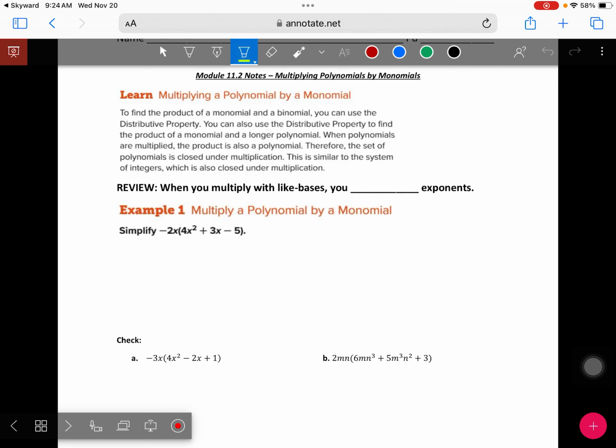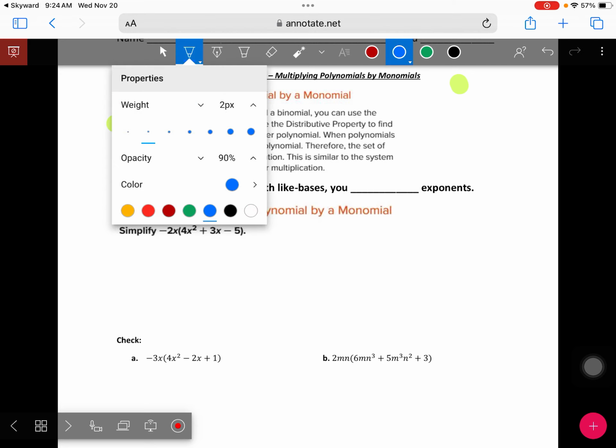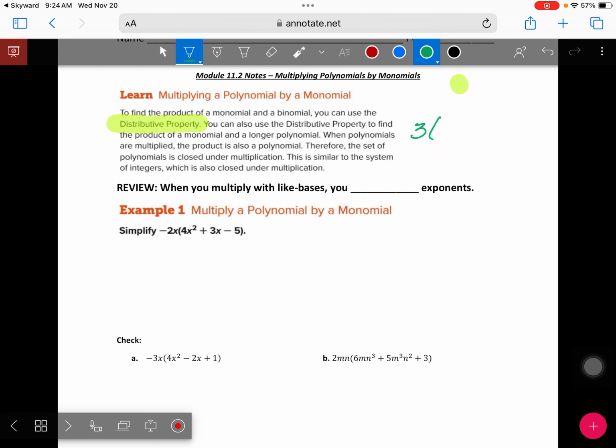So multiplying is not too bad. We are going to be using the distributive property. If you remember, the distributive property says that if you have something on the outside, multiplying by a set of parentheses, you multiply whatever is on the outside times whatever is on the inside. Okay?